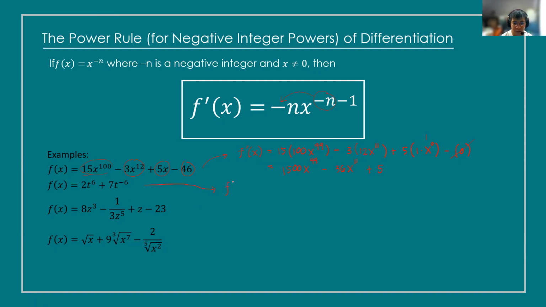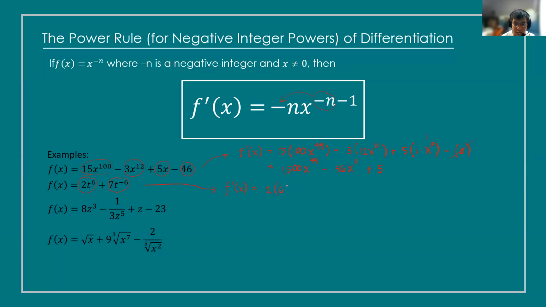So we have f of x prime. So again, first rule, rather second rule: constant times the derivative of t to the power of 6. Then the second one, so 2, and then apply the power rule.